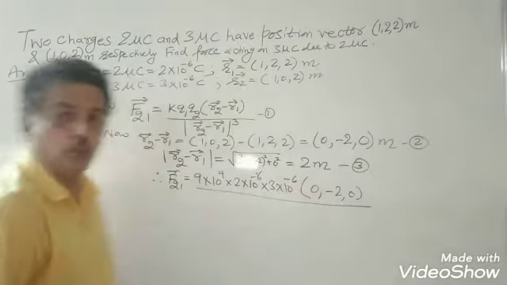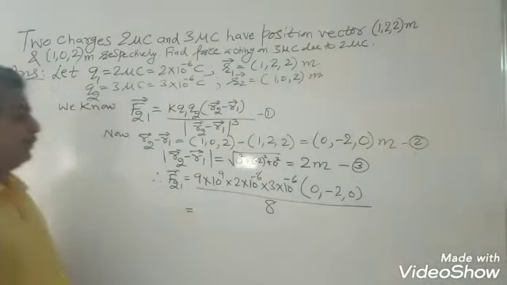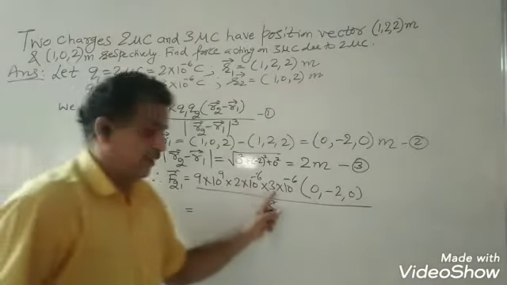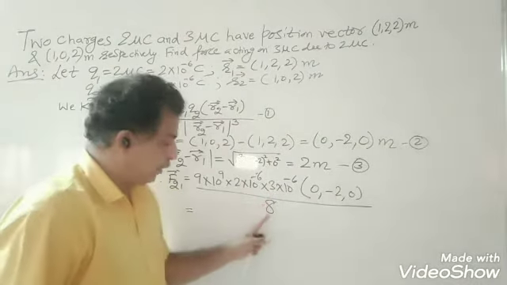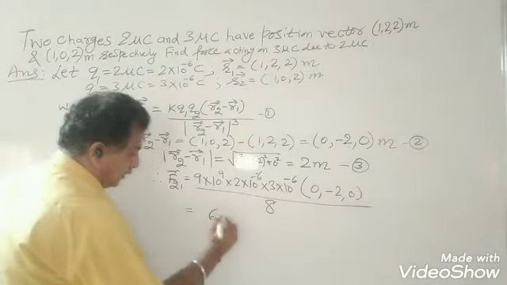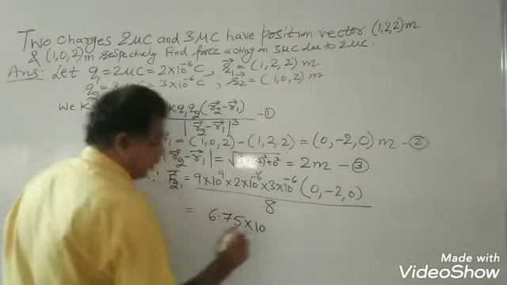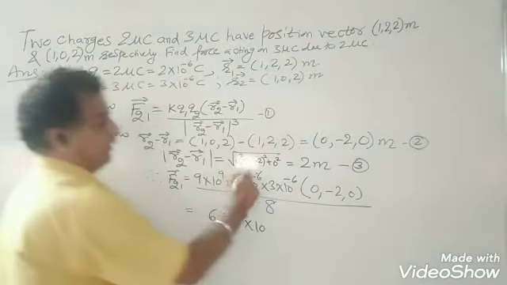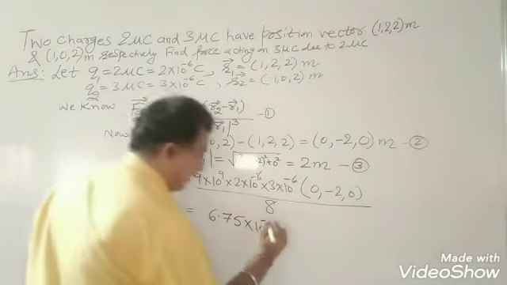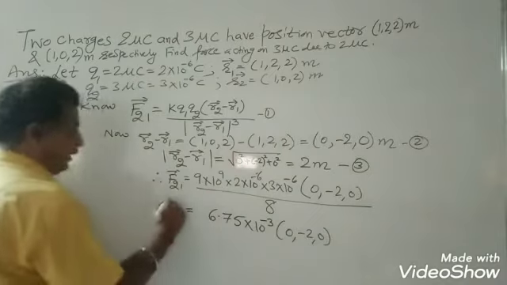So the cube of 2, that is 8. So this is equal to 9 2s are 18, 18 3s are 54. 54 divided by 8, you will get 6.75 into 10 raised to 9 minus 6 minus 6, that is 10 raised to minus 3, times the coordinates (0, minus 2, 0), F21.